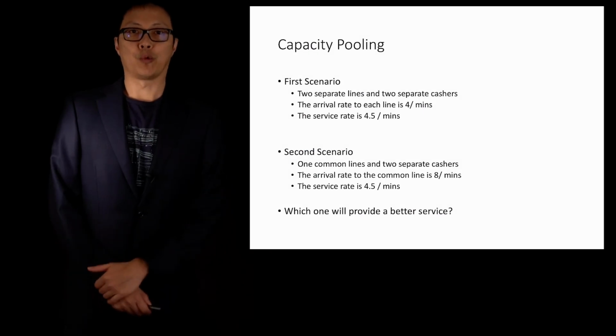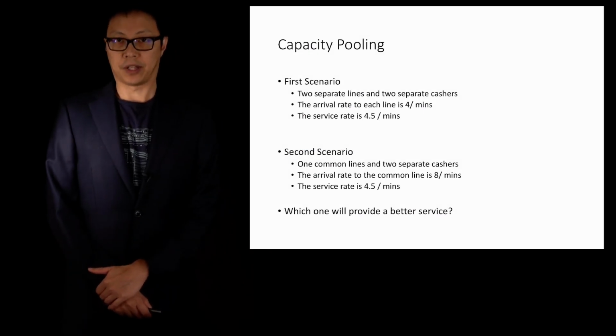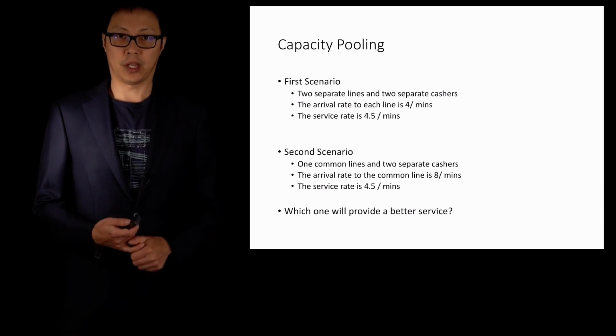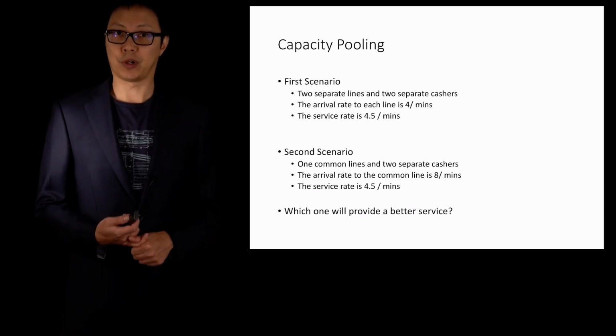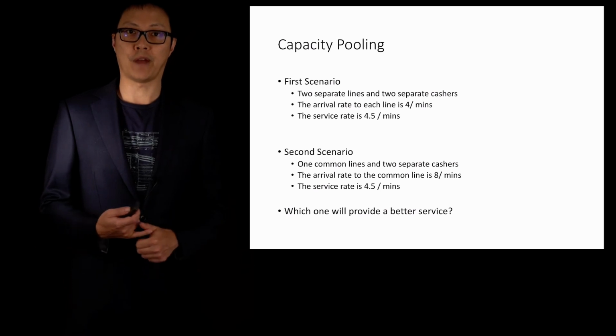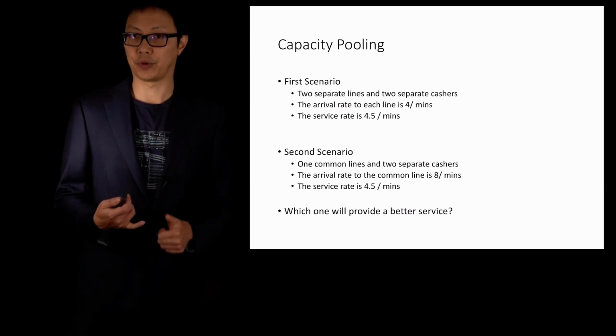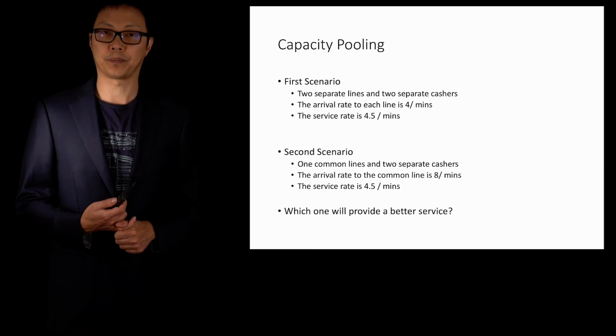The next topic we want to discuss is called capacity pooling. Here we want to consider two systems. In the first one, it is very similar to the grocery store, where you have two separate lines and two separate cashiers. We assume the arrival rate to each line is 4 per minute and the service rate is 4.5 per minute.